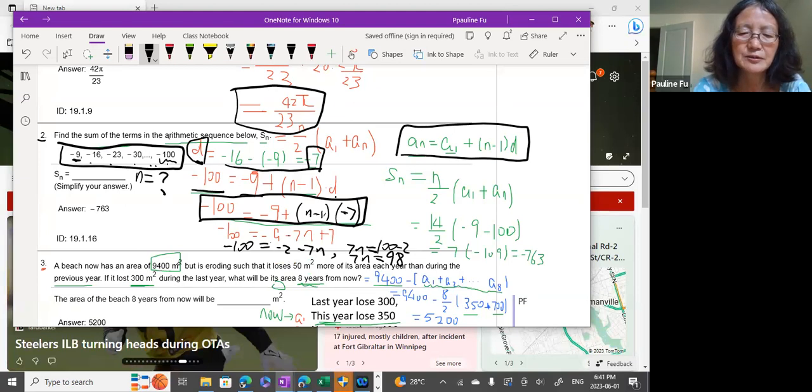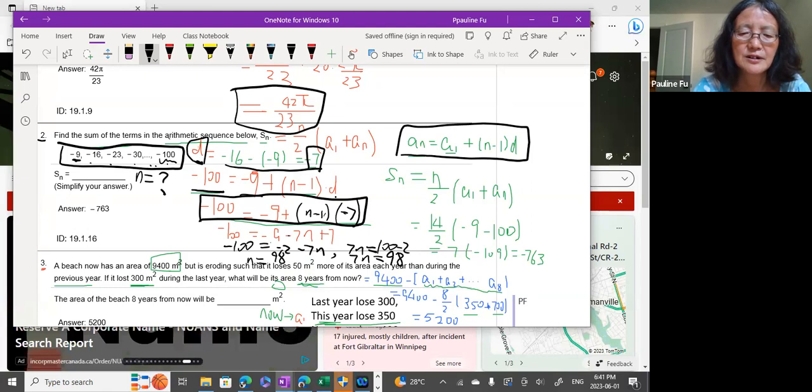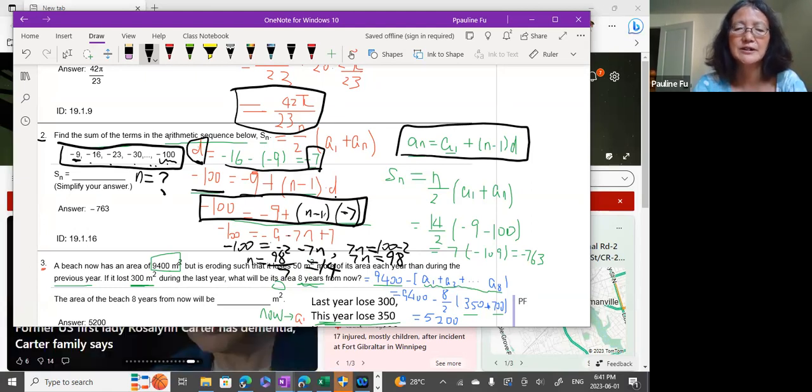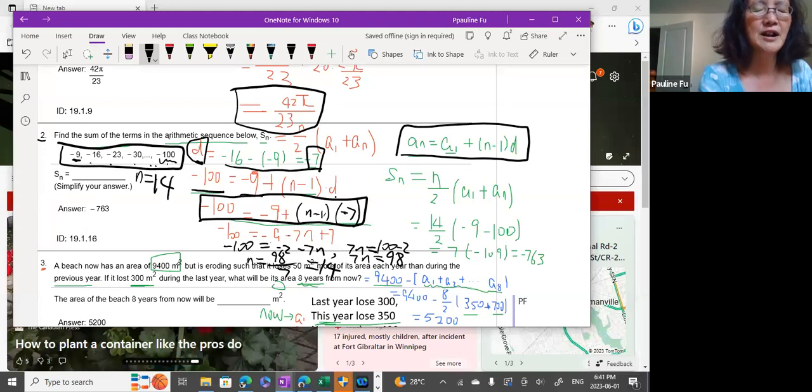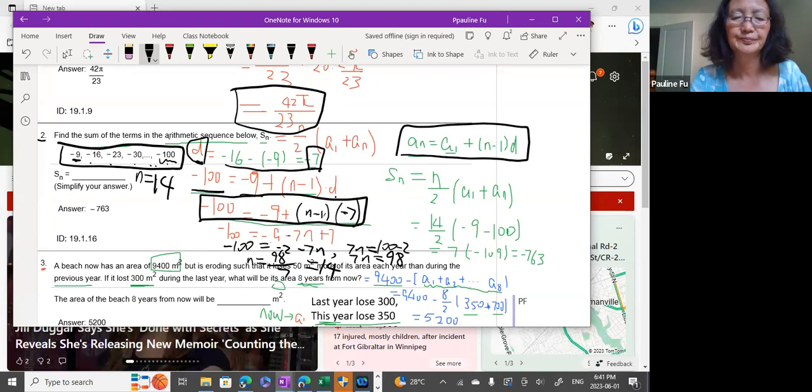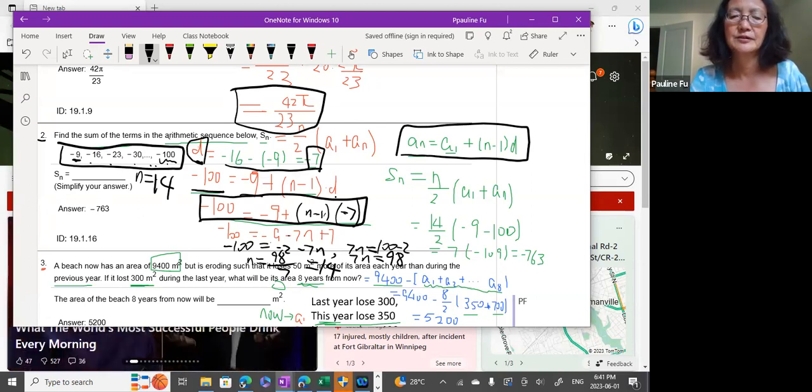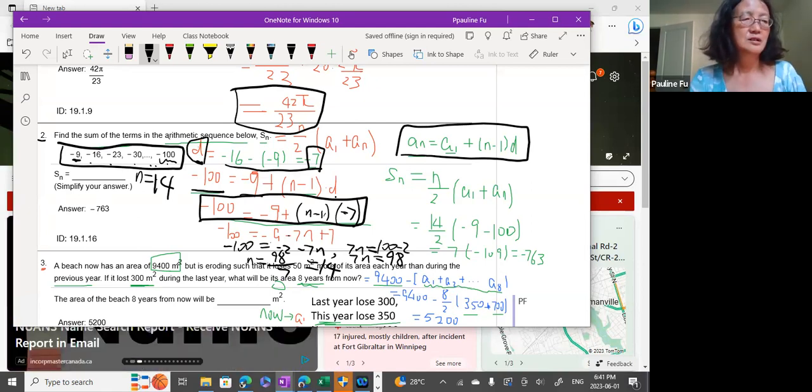We got n, so n equal to 14. There are 14 items in this sequence. Any questions?